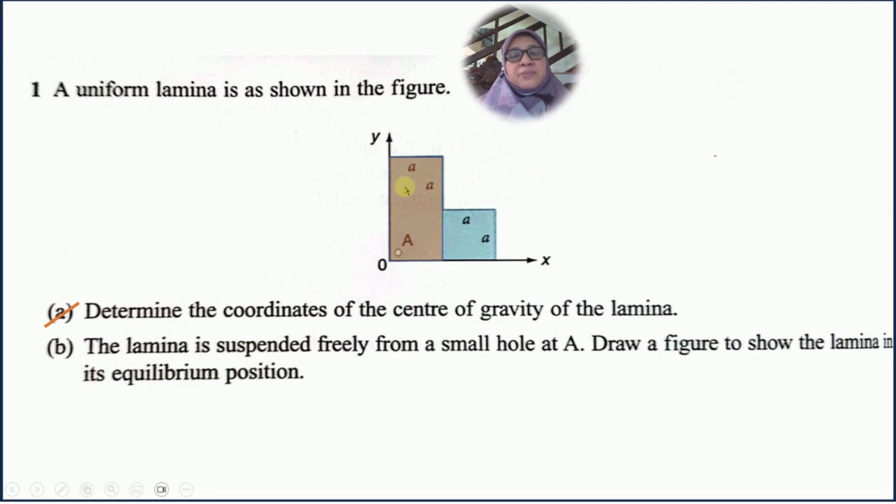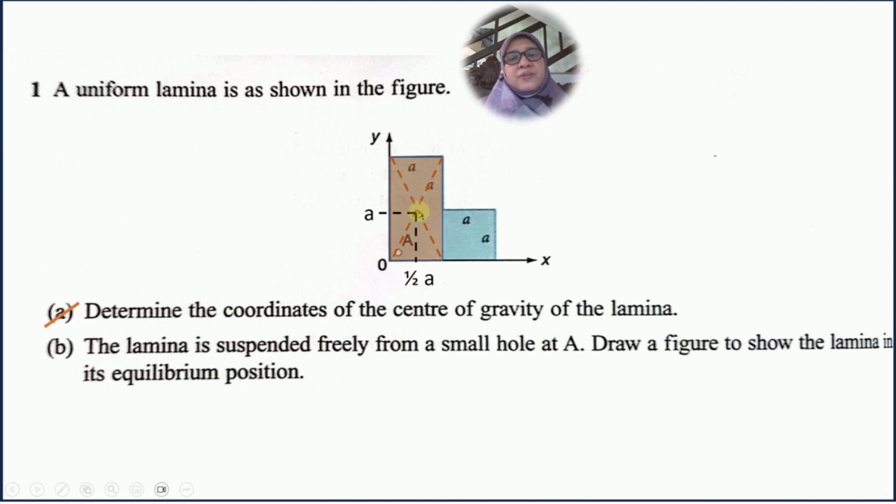The first part is the rectangle and the second part is the square. For the center of gravity of the rectangle, we draw the diagonals. The intersection point will be the center of gravity of this rectangle.